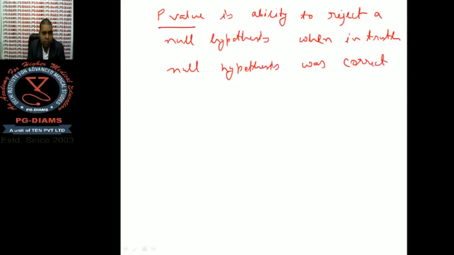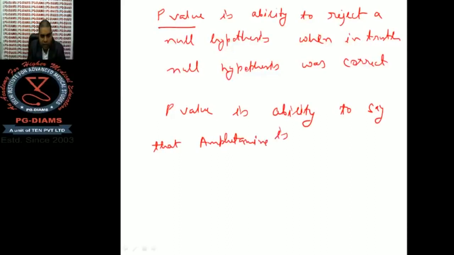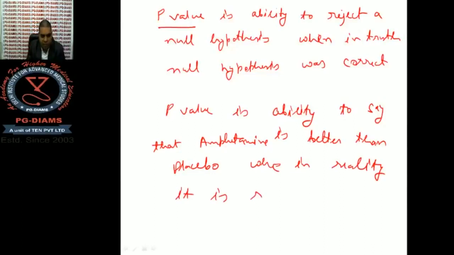That is, p-value is the ability to say that amphetamine is better than placebo, when in reality it is similar to placebo.